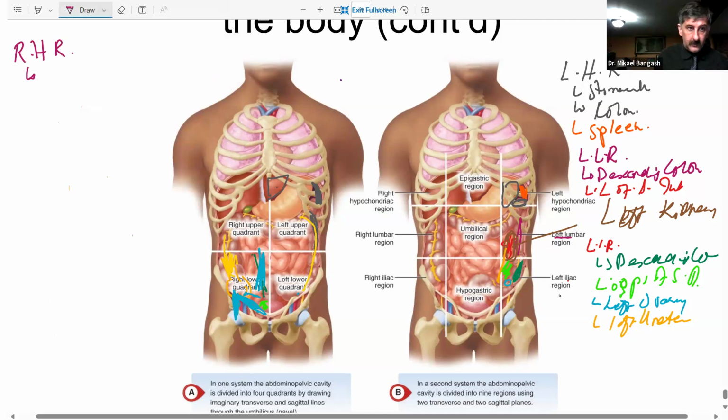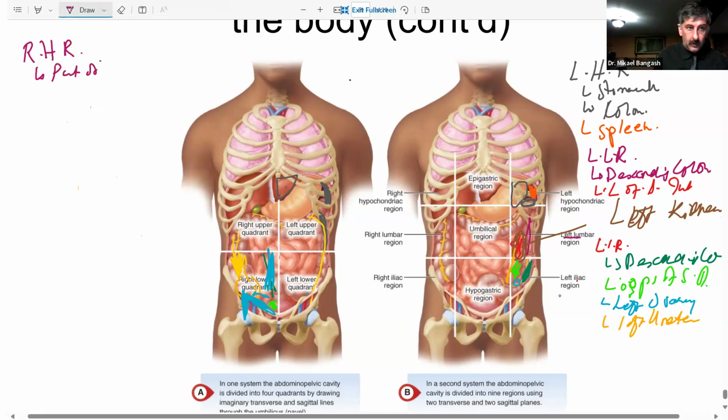You find part of the right lobe of the liver. Only part of the right lobe of the liver.